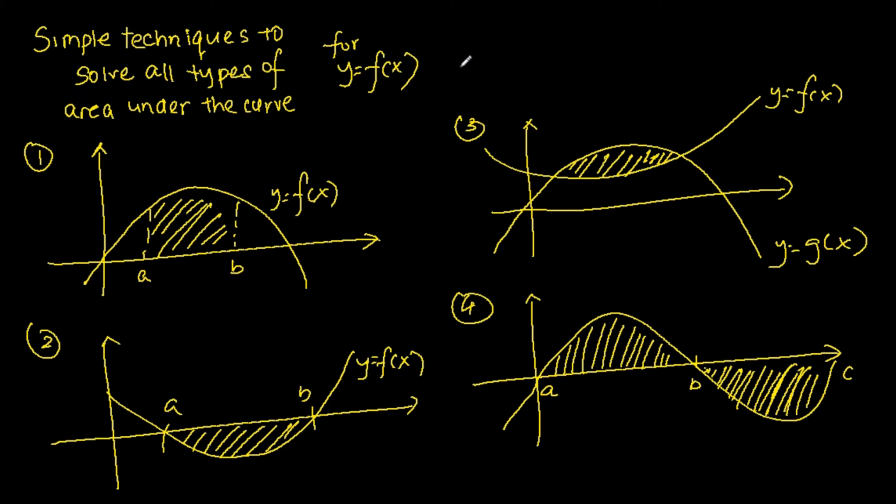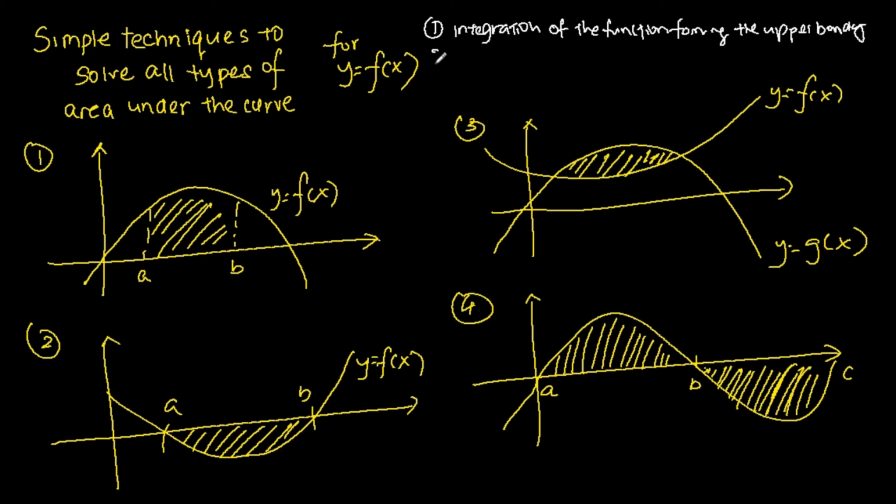By following these 4 steps, which I will be showing you in a minute, you will be able to solve all the different kinds of area under the curve problems. So to solve area under the curve problems, the first step is to identify the integration of the function which forms the upper boundary.